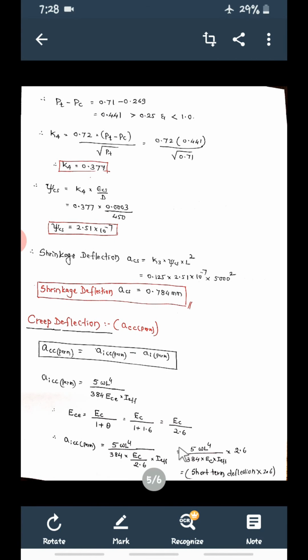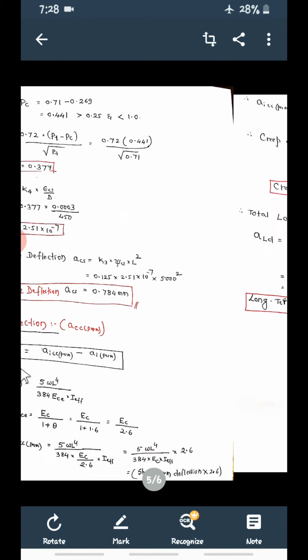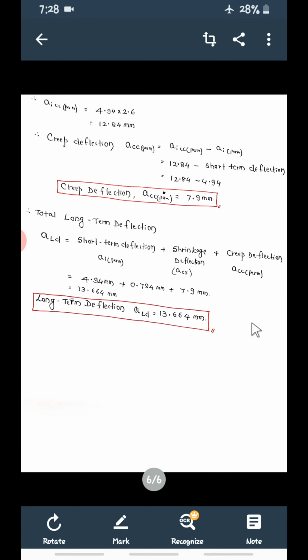Short term deflection we already calculated. Multiply it by 2.6, and this minus the short term deflection again will give the creep deflection. Add all the three and we get this.